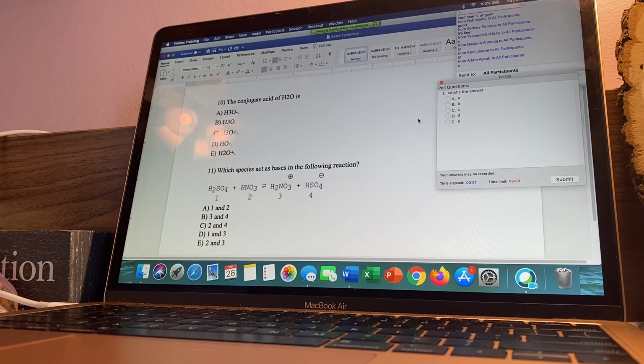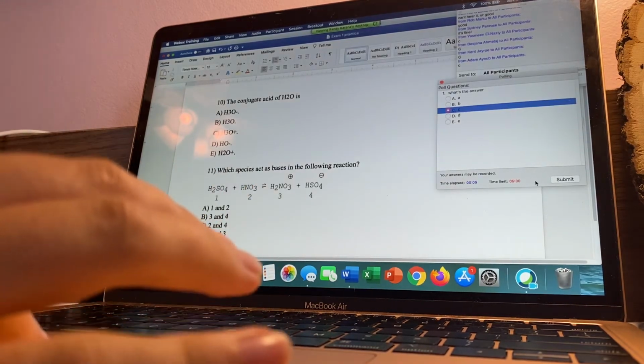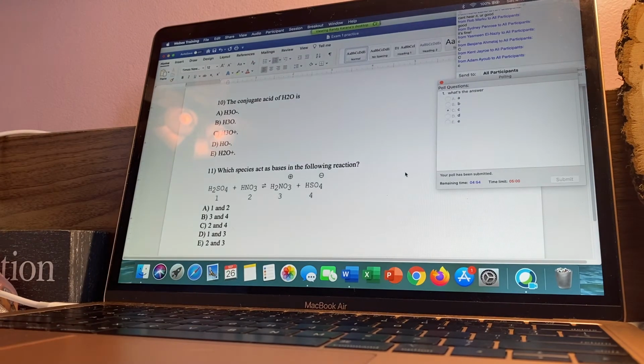Now you should see a poll come up, so just tell me what you think it is. I think you're able to change your answer too. Pretty much everybody's getting it. So I think close poll, right?